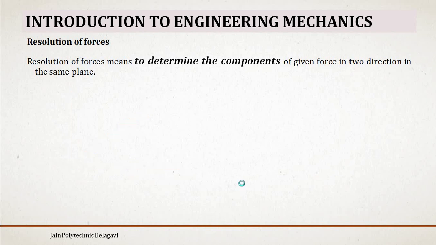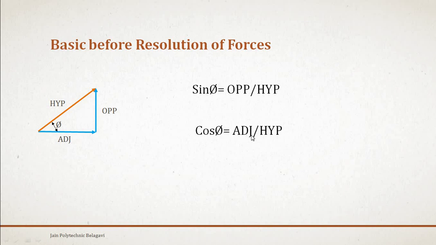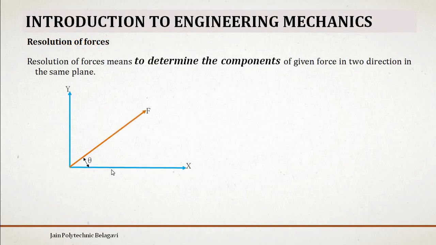Adjacent is the horizontal component and hypotenuse is this inclined component, in this figure the F component, and this is the x component.